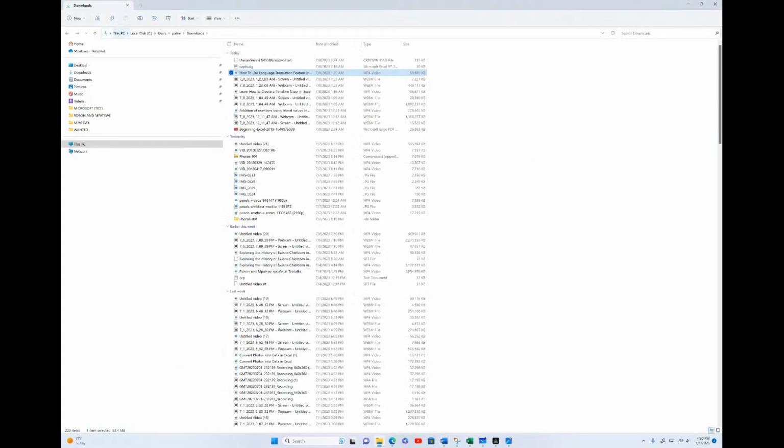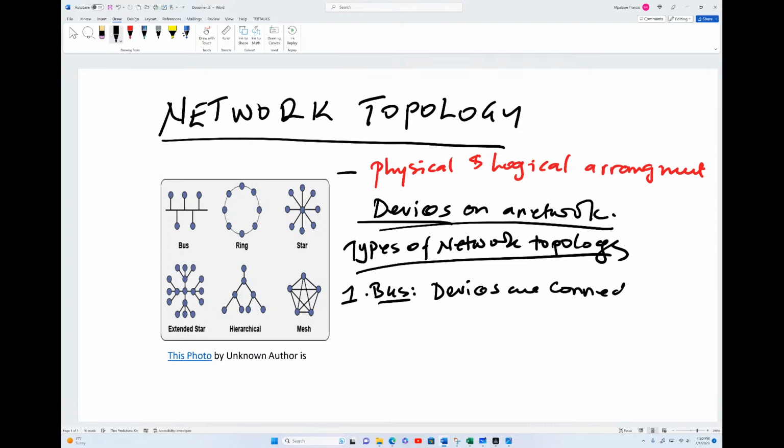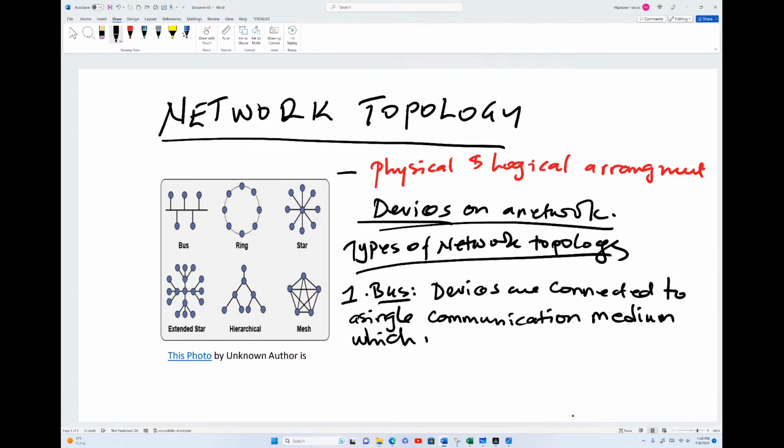So we are saying in the bus topology, devices are connected to a single communication medium, which is called a bus.